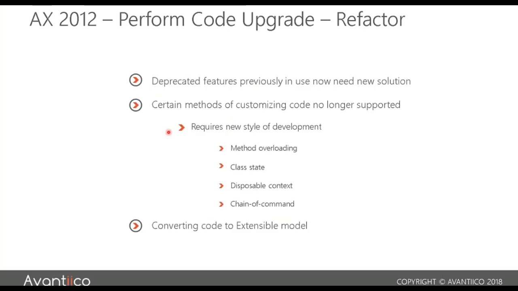There is an invitation program from Microsoft where you can request that they refactor their code. There's also a really good Yammer group for Microsoft, a very good discussion group where all the developers and technical people are talking about extensioning and the issues they're getting and how to move from an overlaying to an extension. So I would recommend people get involved in that process and get involved in that discussion during the migration.